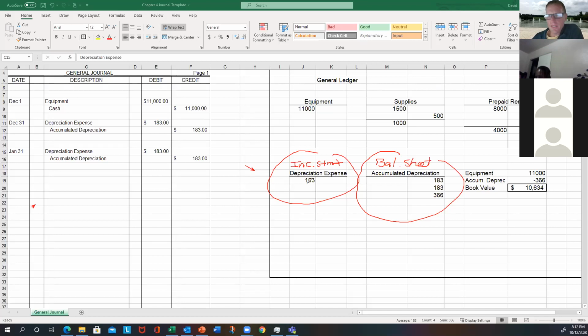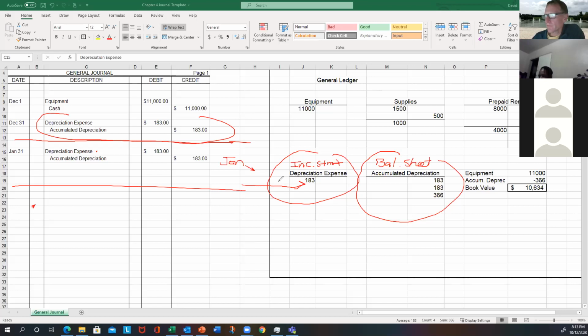I'll say all of our expense accounts, we're going to reset them so that when we start any new period, they always start with 0. So if this was our only depreciation expense for the month of December, when we go into January, this depreciation expense would have a 0 balance, and we're going to add another $183 because we're going to put that number again on the income statement as $183.